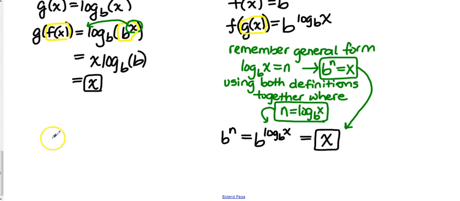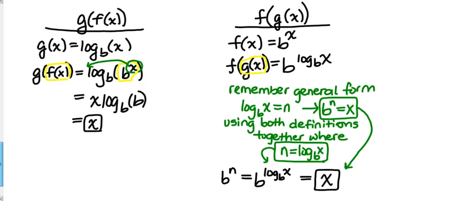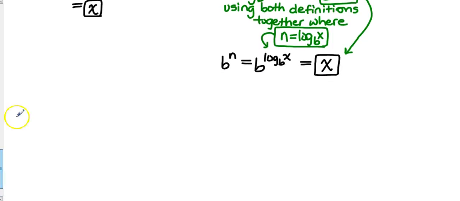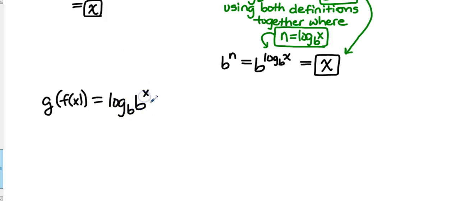So what we just did here is prove something very important. Let's write down what we just proved. We proved that g of f of x is equivalent to log base b of b to the x, which equaled x.